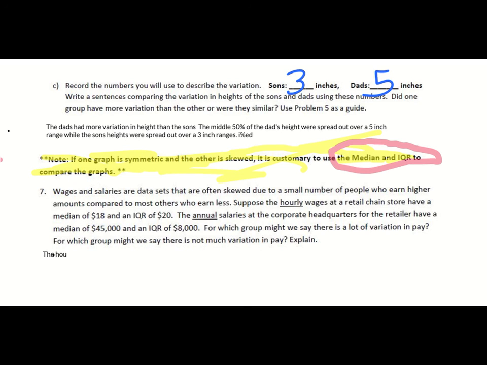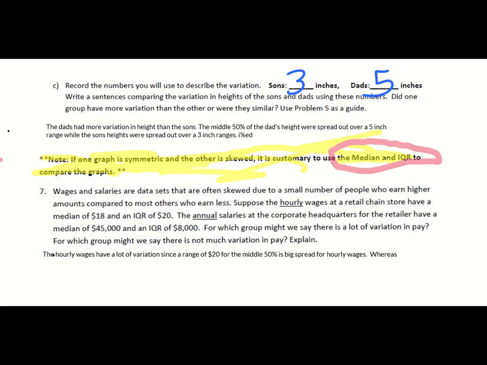Okay, so the hourly wages, sorry it's taking so long. Wages have a lot of variation, since a range of $20 for the middle 50% is a big spread for hourly wages.